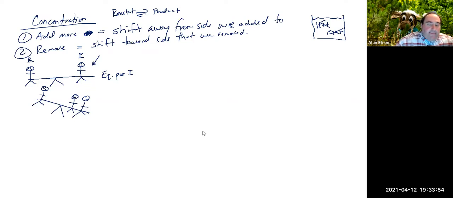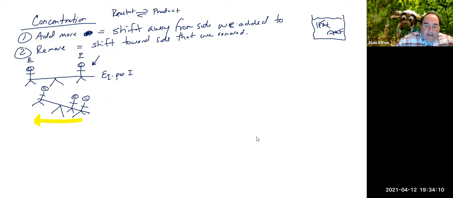What needs to happen to right the ship, if you will? What needs to happen is we actually need to add more reactants, away from the side at which we added. We need to put more people on the left-hand side of this teeter-totter.